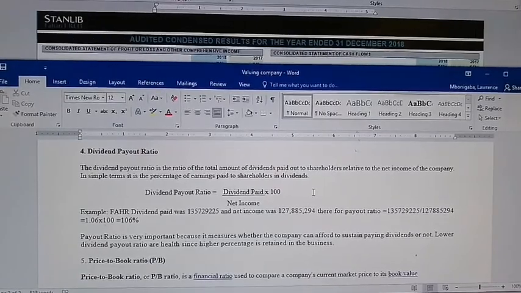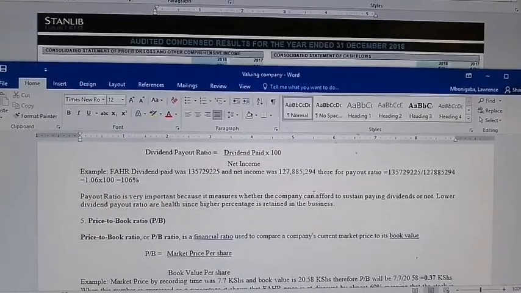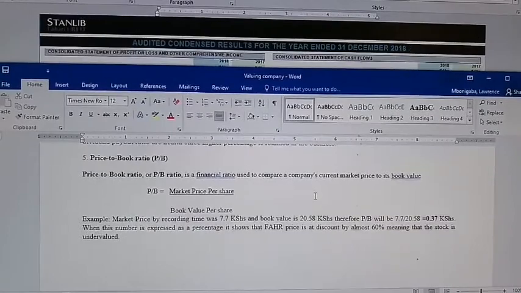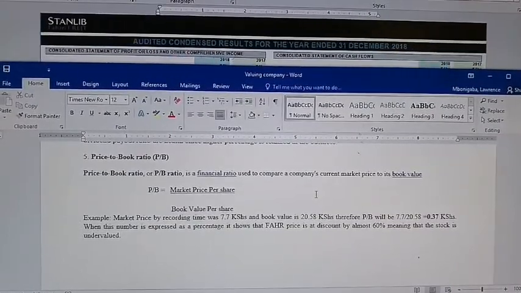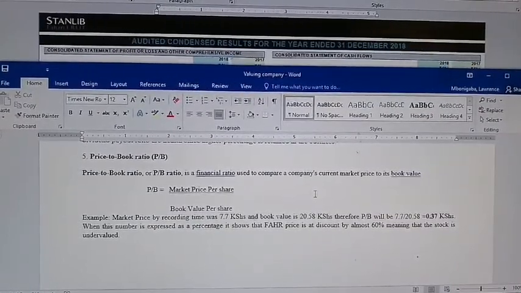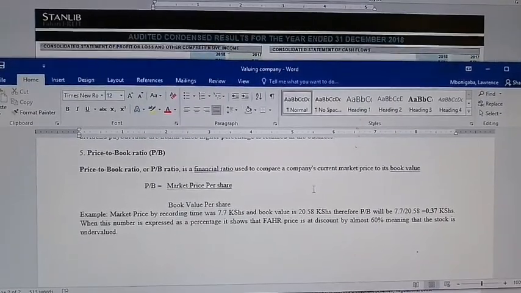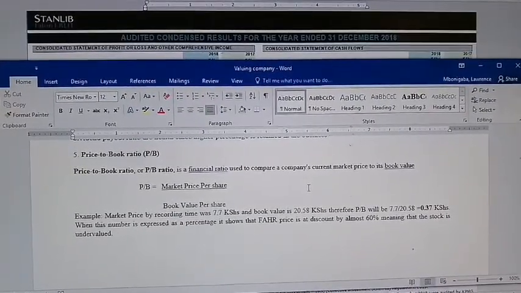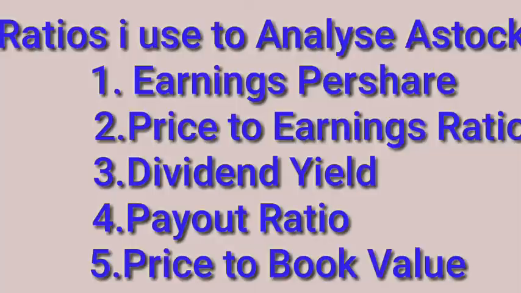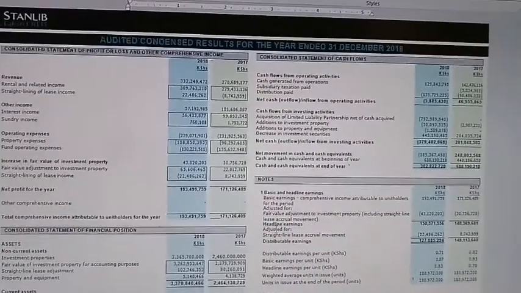As a dividend investor, I take dividend yield to be very important. Let me first define what dividend yield is in simple terms. Dividend yield is just a ratio of a company's annual dividend paid compared to its share price.